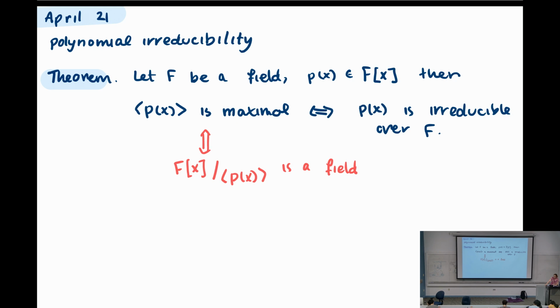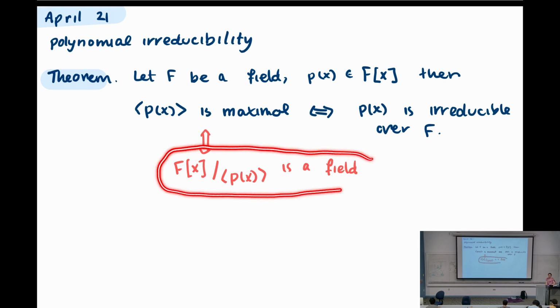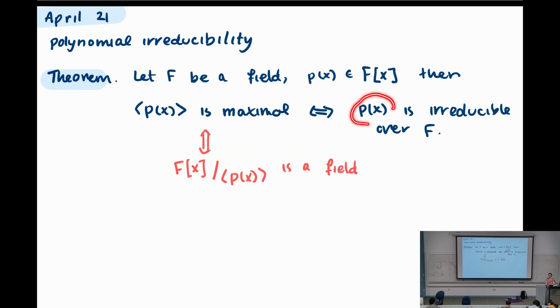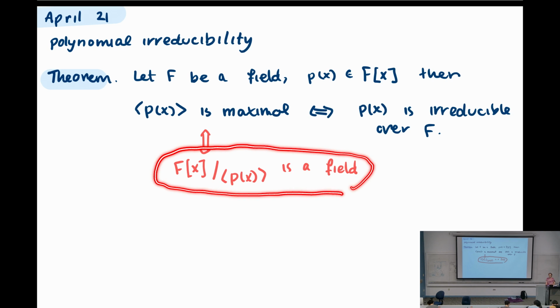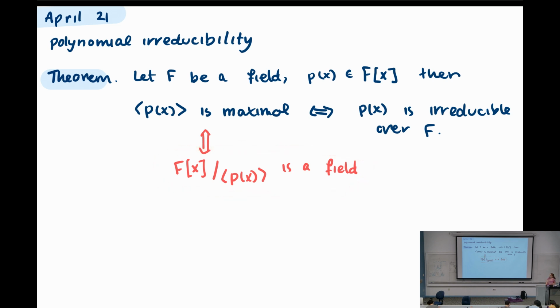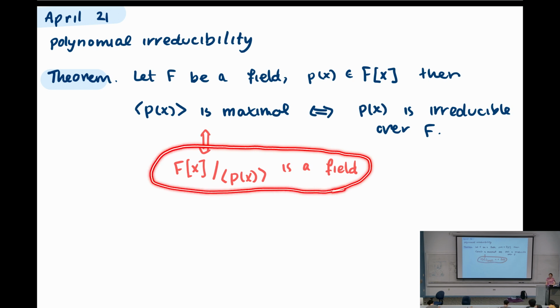So this theorem, once we prove it, is going to be a launching point for a study of fields, because now we know how to make a lot of examples of fields. Anytime you have an irreducible polynomial, you can look at the corresponding field. This is really going to be the focus of the next few lectures, and the exercises going along with them are about what we can learn about these fields.